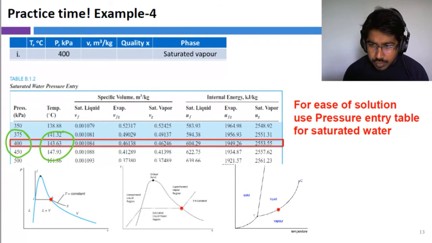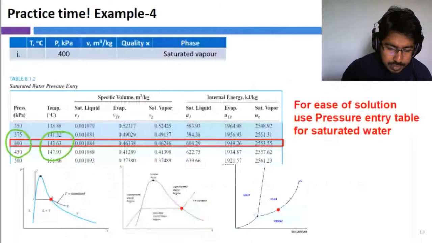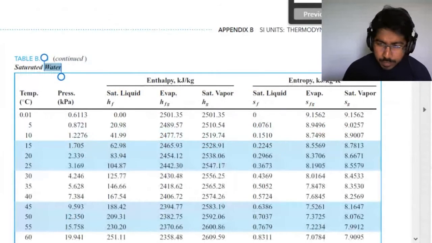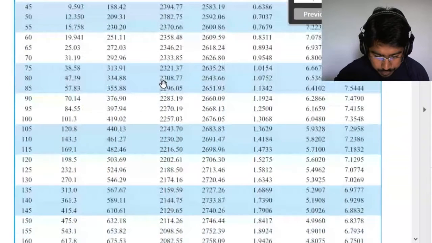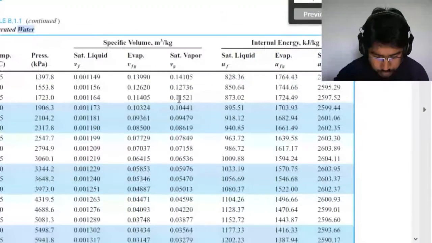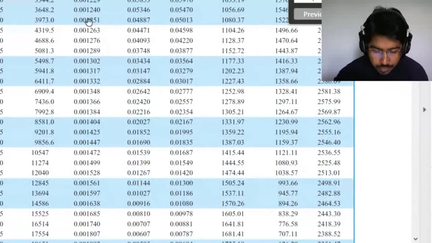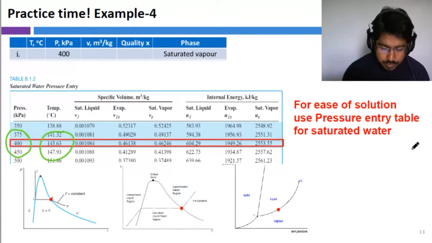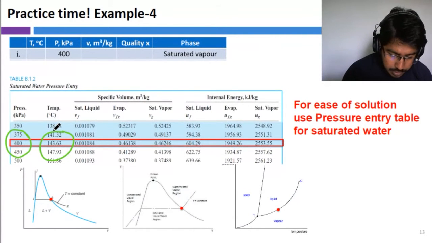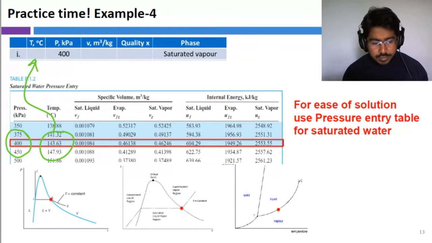So if you go to pressure entry tables and scroll up or down, then it should have it. Found it? Perfect. And now this temperature value can straight away go into our answer, right?